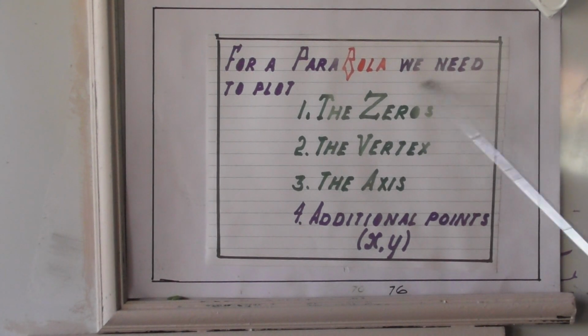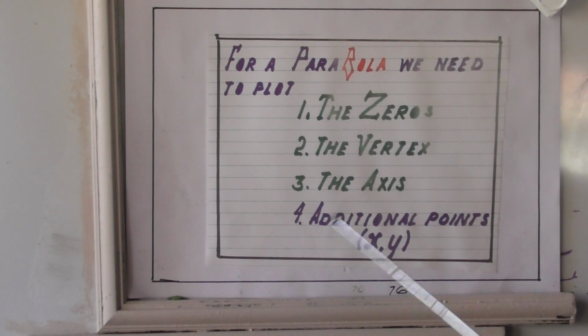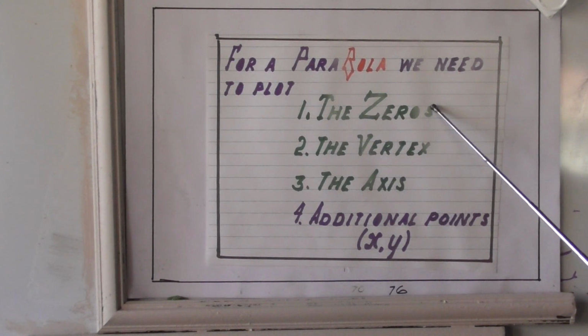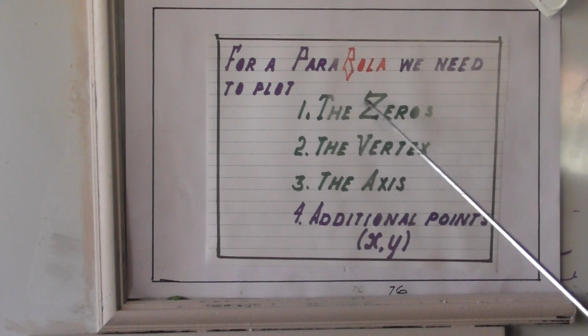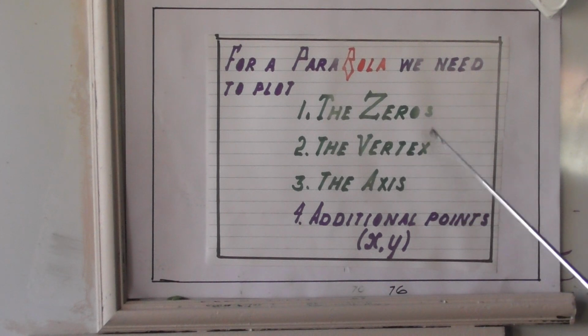For the parabola we need to plot the zeros. That means x is naught, y is something. Then if we have the two zeros, the point in the middle is the x of the vertex.